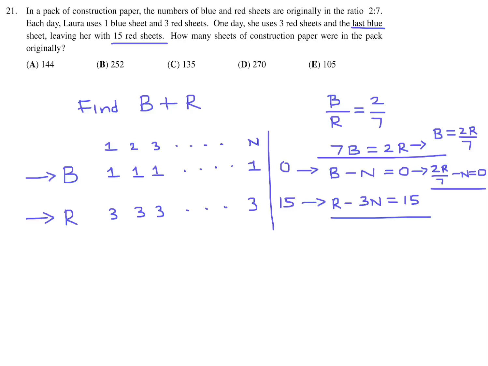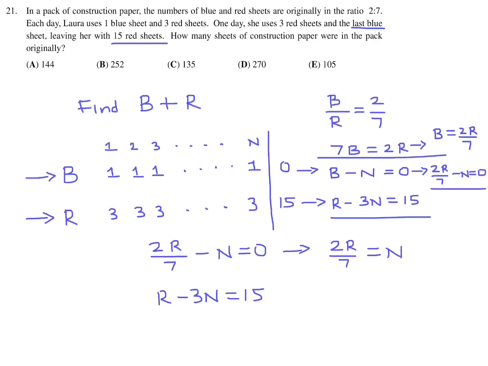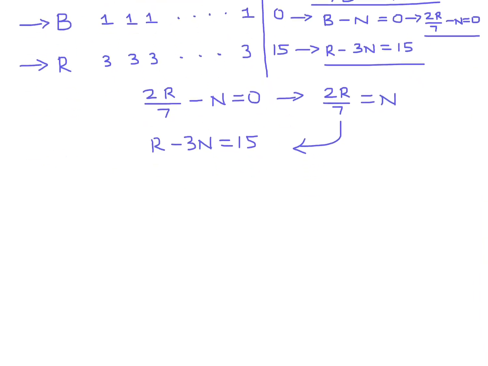So here we go. We've got 2R over 7 minus N is equal to 0. And I've got R minus 3N is equal to 15. So the first one just gives me 2R over 7 is equal to N. And I think that's good enough. I can just substitute that into here now. So R minus 3N, and N is 2R over 7 is equal to 15.